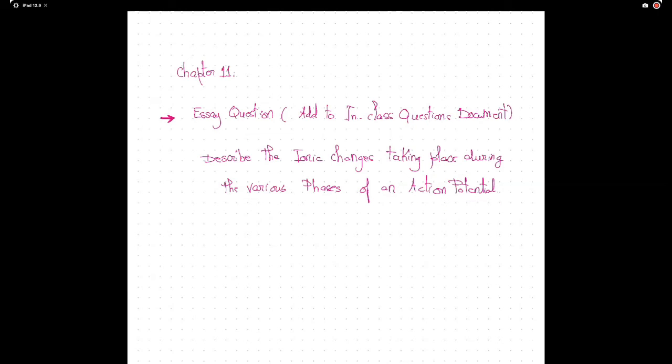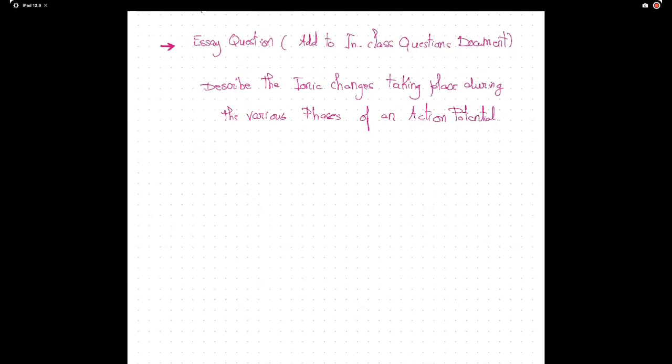But for now, just to get you started, can you remind me of the different phases of an action potential? What is the very first phase that a muscle or a nerve cell is going to be passing through to allow the formation of an action potential?